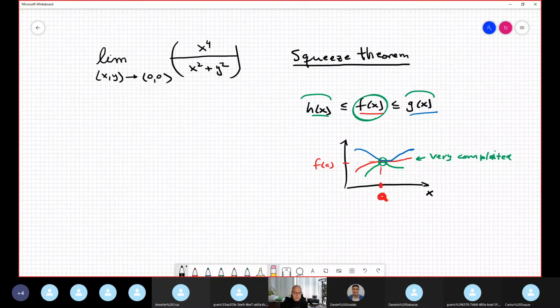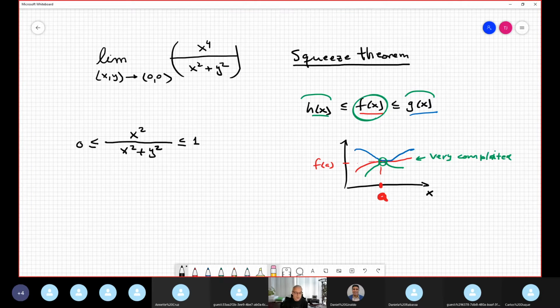Now I take the expression, for example, x squared divided by x squared plus y squared. So I take on the top not 4, sino 2. It's obvious que it's in between 0 and 1, right? Because the numerator is smaller than the denominator.